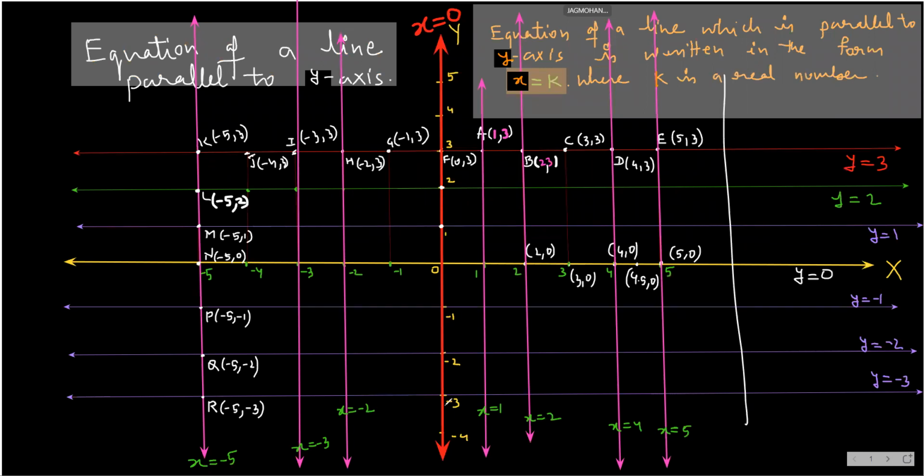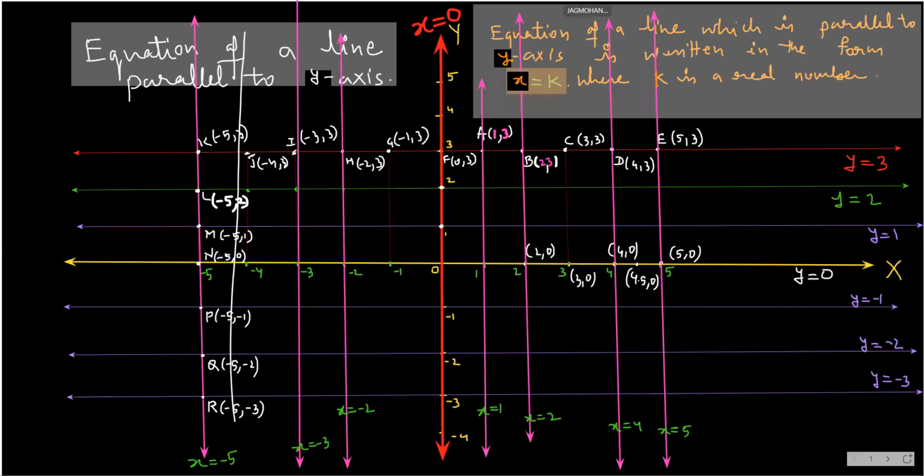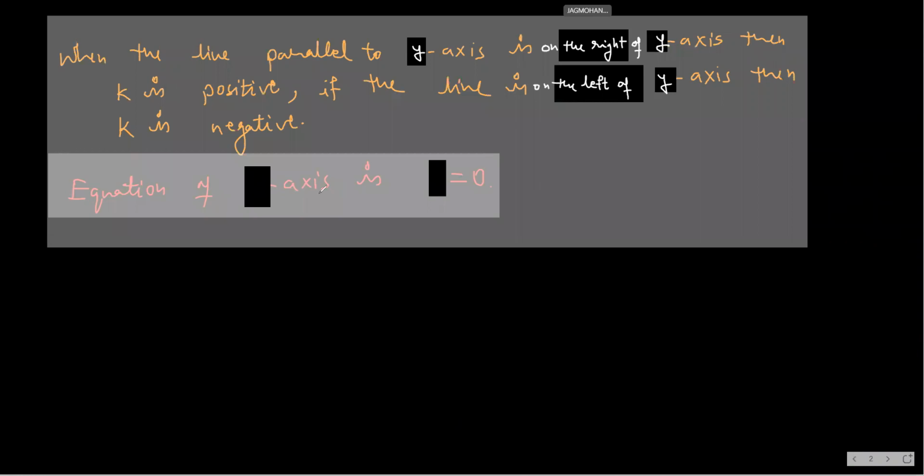On the right of y-axis, then k is positive. If the line is on the left of y-axis, now what is left of y-axis? That is on this side. If the line is on this side, then k is negative. Equation of y-axis is x equals to 0. I hope you all have followed this. Learn it again and again.